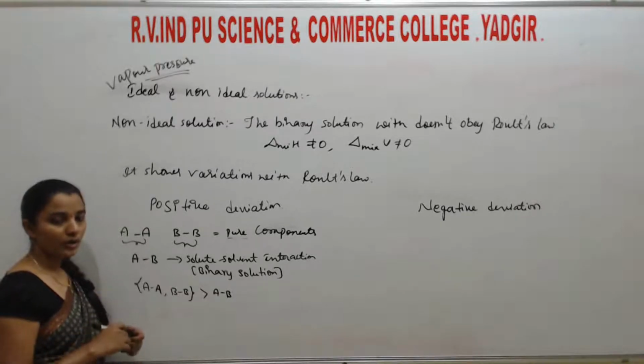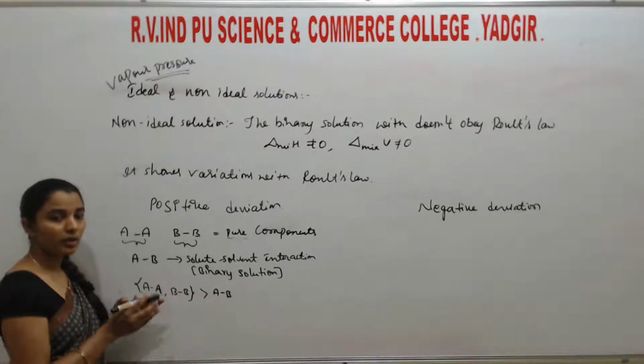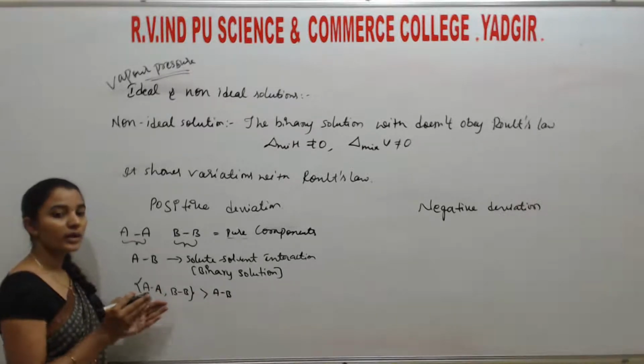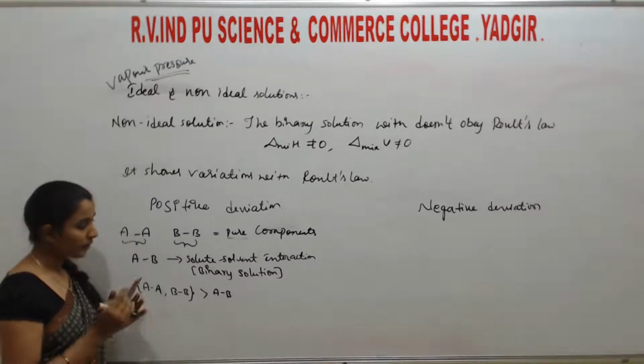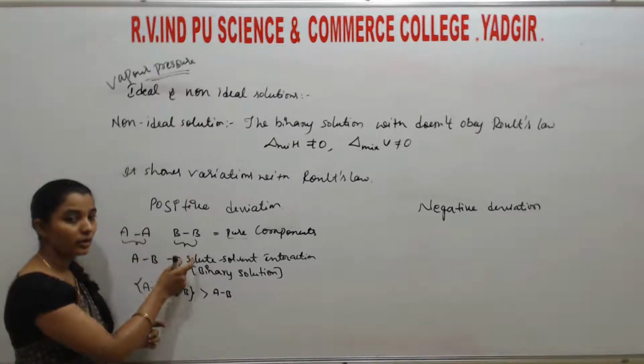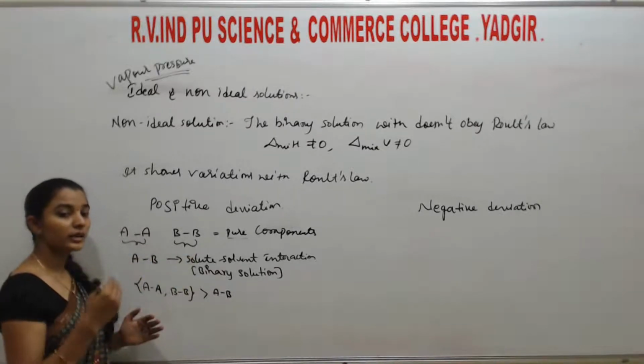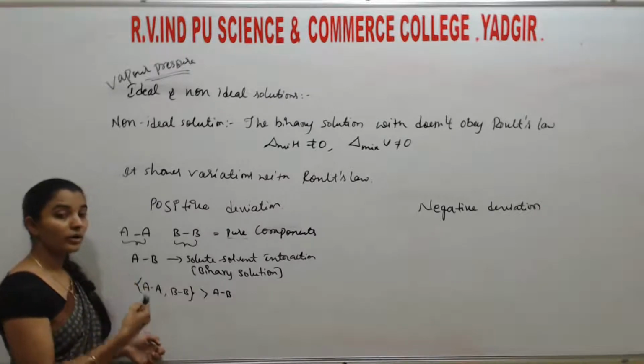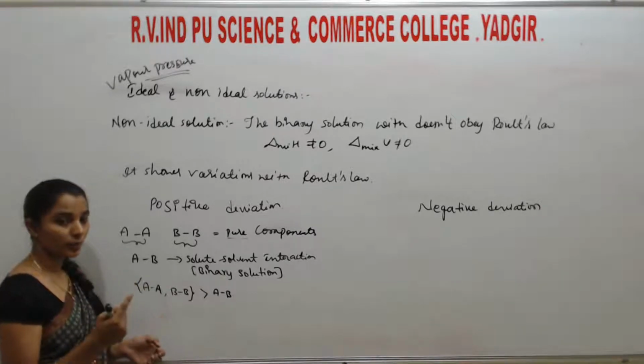For example, ethanol in water, you assume. So ethanol is also liquid, water is also liquid. Ethanol has its own interaction, water has its own interaction. If ethanol is mixed with water, then what happens? The interaction between ethanol and water individually is greater than the ethanol-water interaction. I hope you understood.